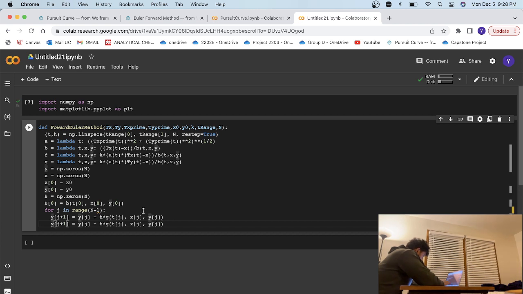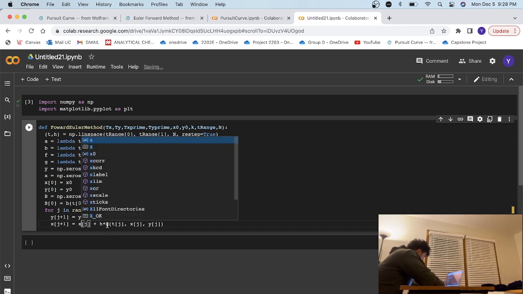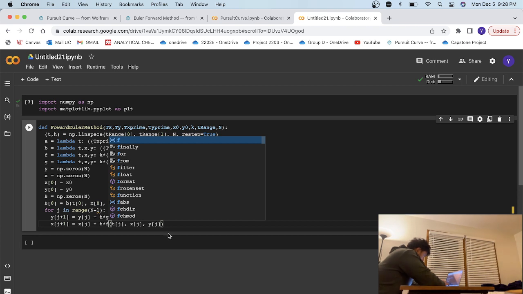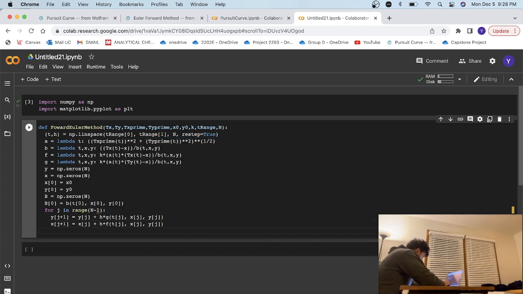We're going to say this for the x direction. And for g, we're going to be putting the f, which is our derivative of the pursuer's speed in the x direction. I think that's all we need to change for that.